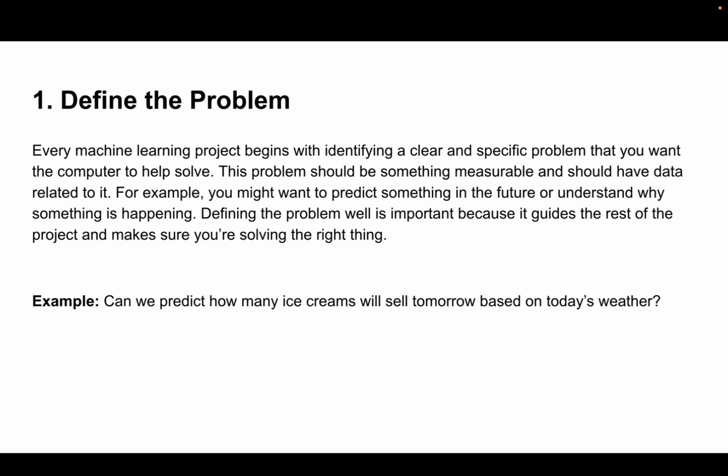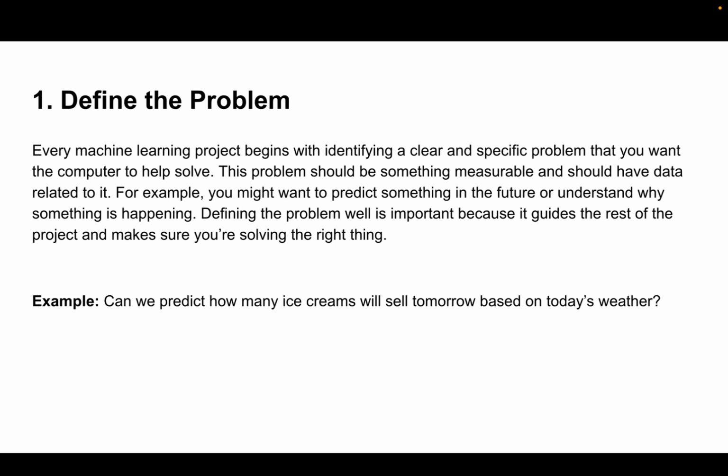So first, we need to define the problem. Every machine learning project begins with identifying a clear and specific problem that you want the computer to help you solve. This problem should be something measurable and should have data related to it. For example, you might want to predict something in the future or understand why something is happening.